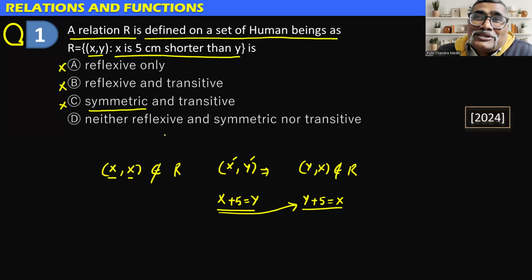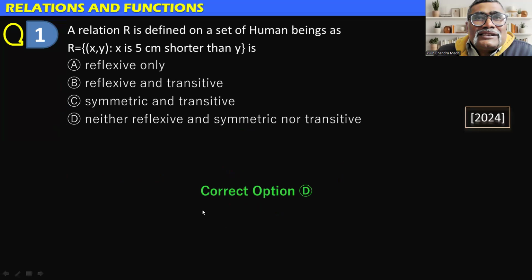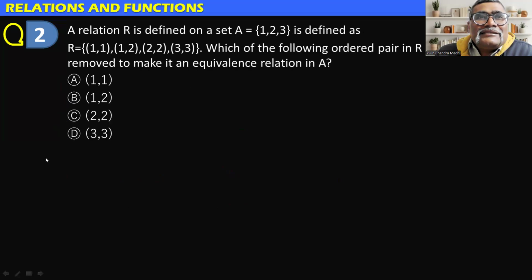So the third one, you can easily observe, is neither reflexive nor symmetric nor transitive. You can check that it is not transitive also, but because this is the only option left, it's the correct option. So the correct option is D.